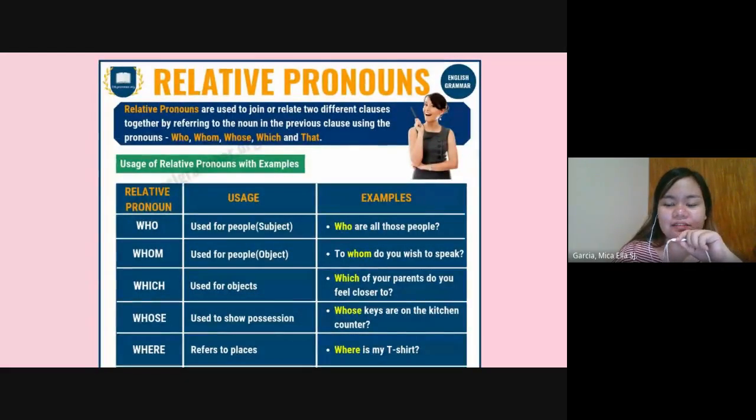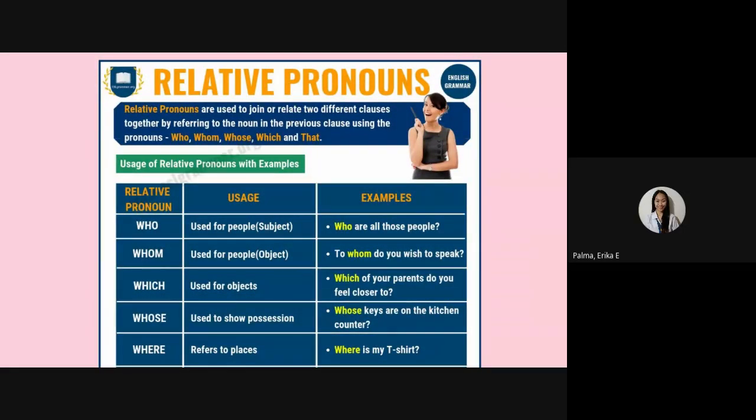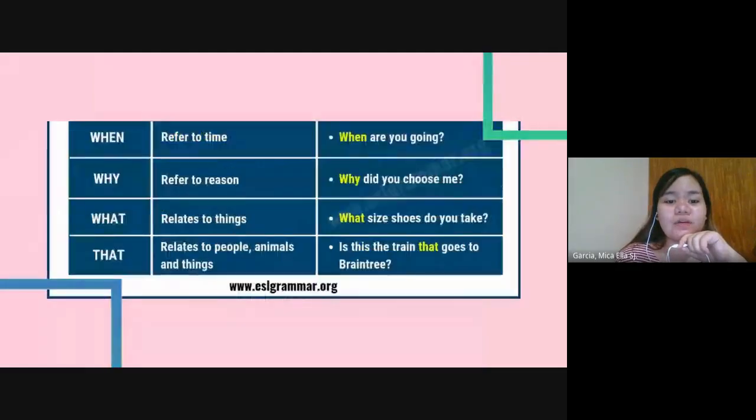Yes, Erica. When we are referring to a person, a thing. All right. We use the relative pronoun that to relate to people, animals, and things.